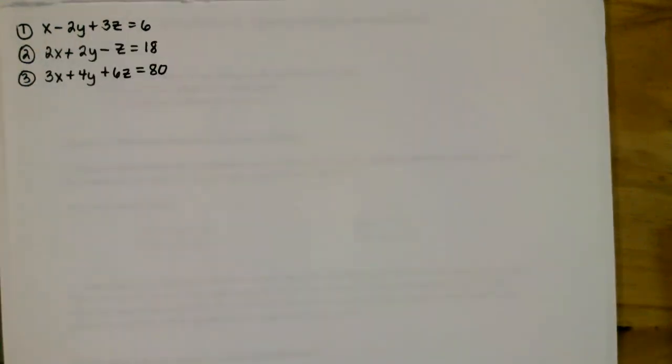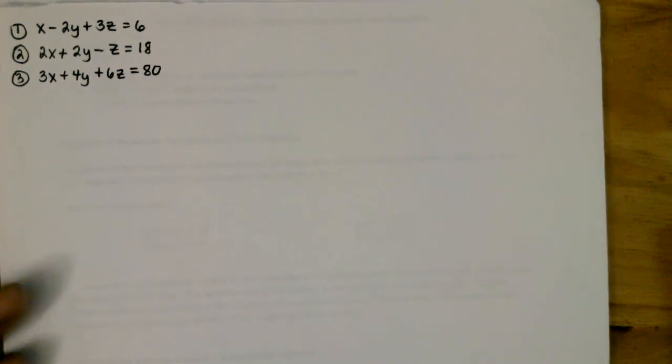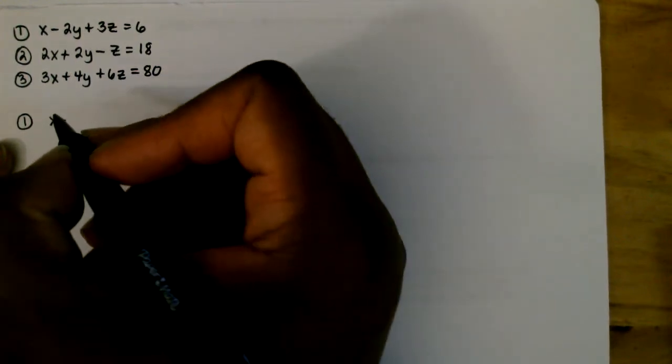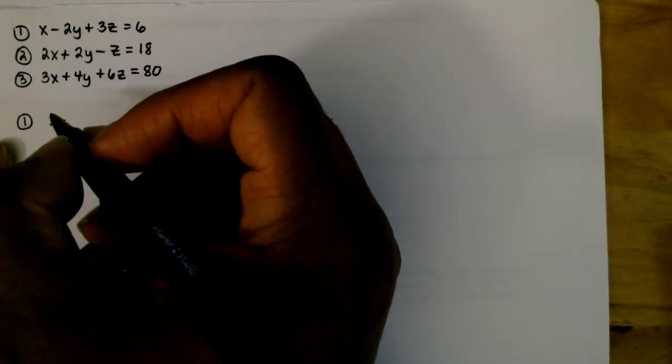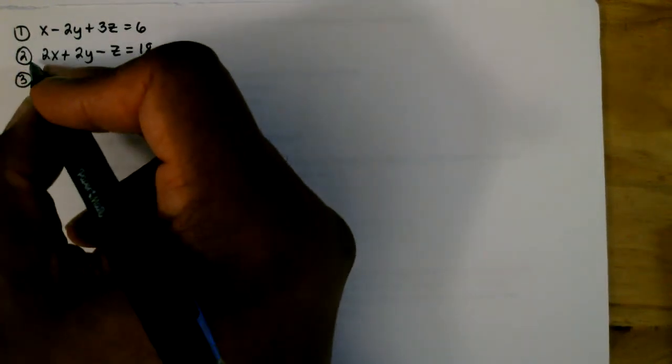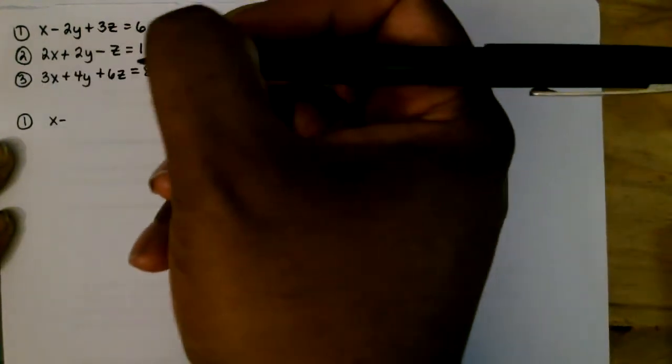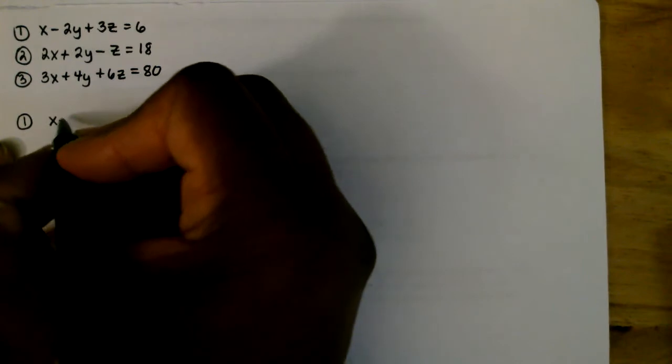I combine equation 1 and equation 2 and eliminate the x's here. And you know what I could do? Let's use equations 1 and 2, because notice I got a minus 2y and a plus 2y. Let's go ahead and wipe out those y's.